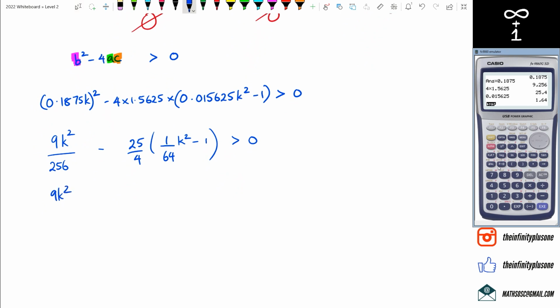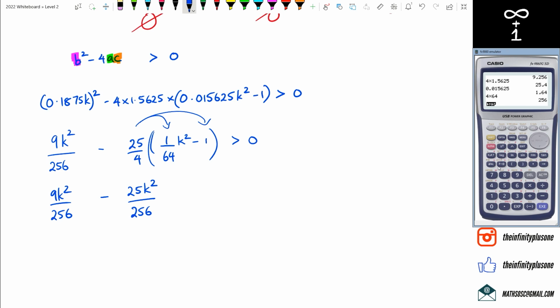So we've got 9k squared over 256 minus 25 over 4 times k squared over 64. In the numerator that's 25k squared, divided by 4 times 64, which happens to be 256. Negative 25 over... basically I'm expanding the brackets here.